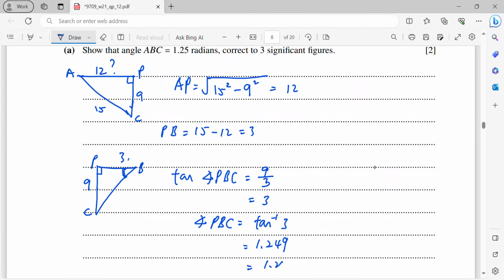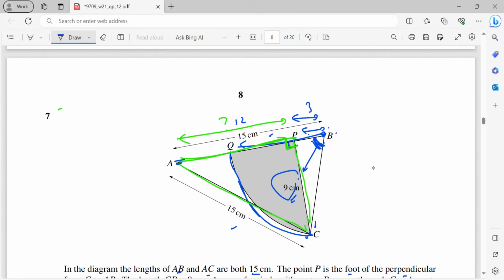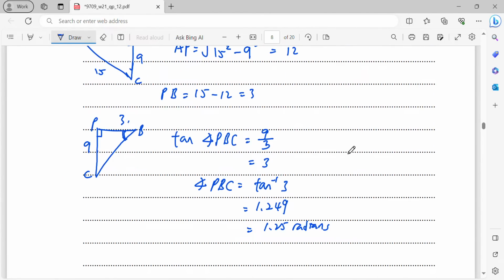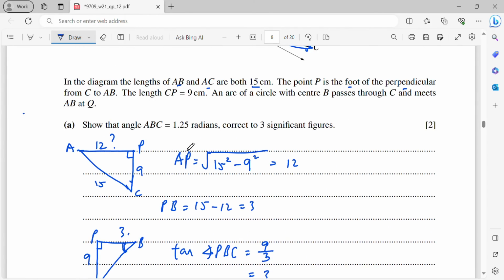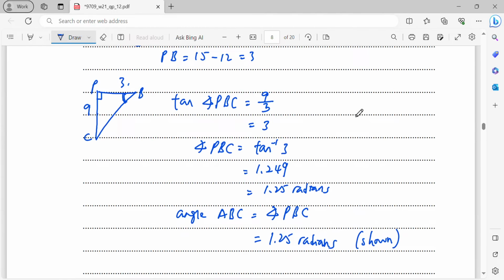Then at last, 1.25 radians. Now when you look at the whole picture, this angle PBC is the same as ABC, right? So angle ABC is the same as angle PBC. Therefore, it is 1.25 radians. So with this, we have shown the angle ABC equals 1.25 radians.